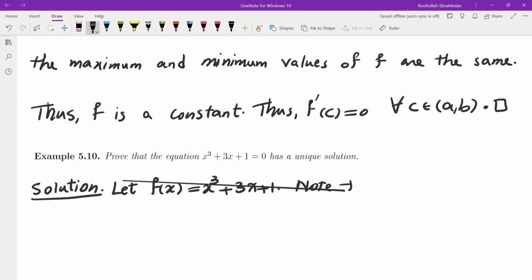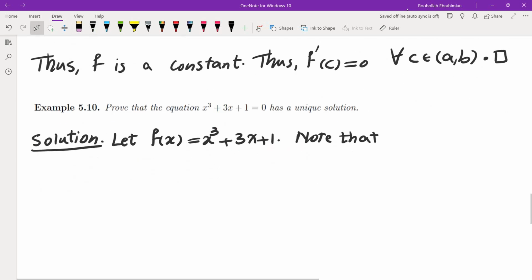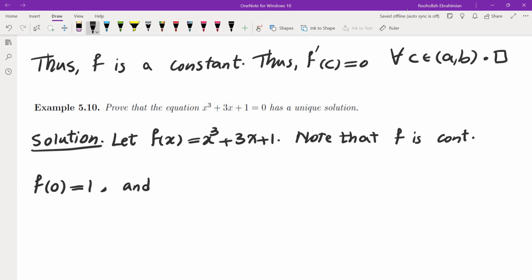Note that f is continuous. I need continuity in order to be able to use the intermediate value theorem, because it's a polynomial. F of 0 is 1 and f of negative 1 is negative 3.